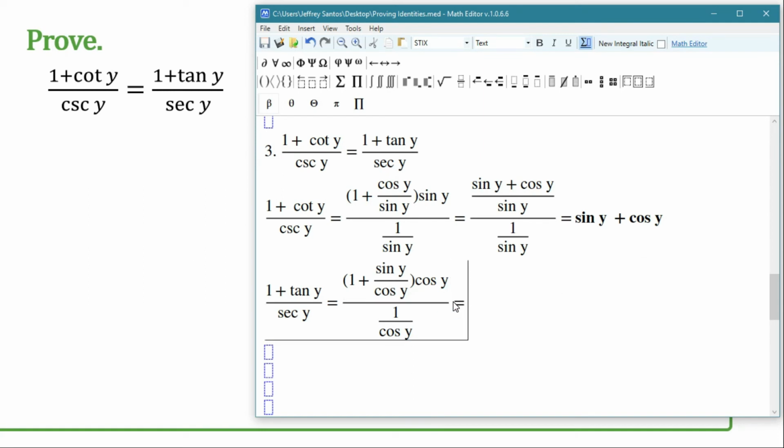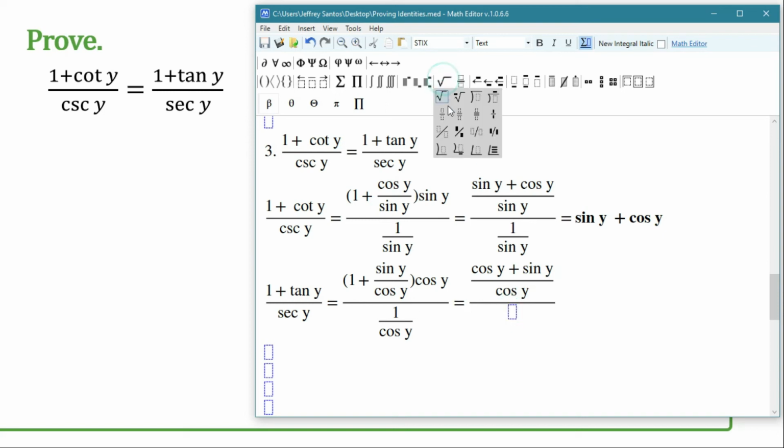If we simplify that, that is equivalent to cosine of y times 1, that is the cosine of y, plus the sine of y over the LCD, which is the cosine of y. And the denominator, let us just copy that because there are no manipulations to be made. So that's 1 over cosine of y.